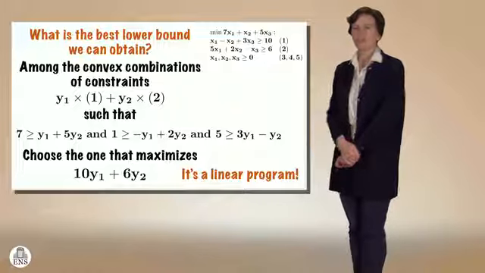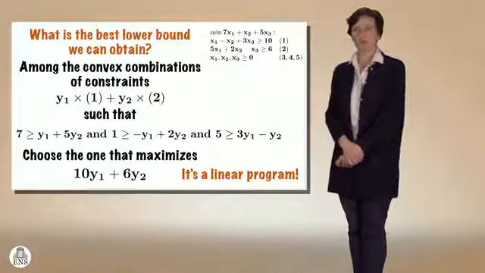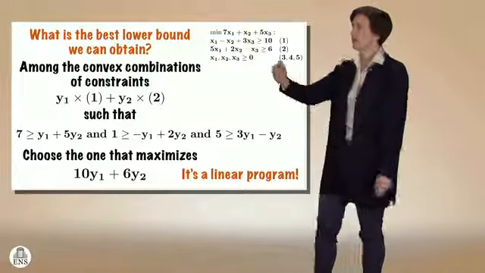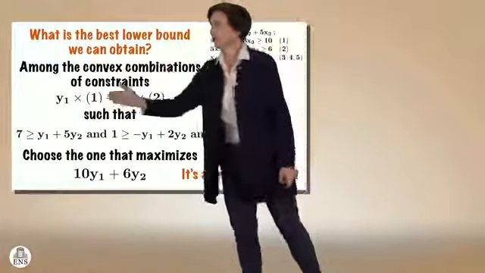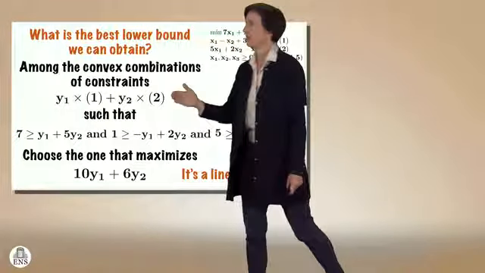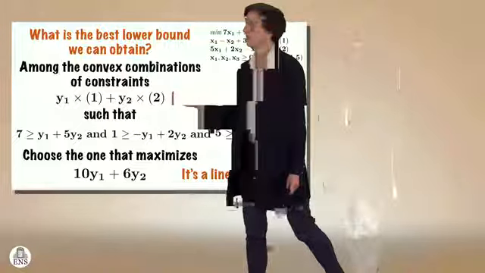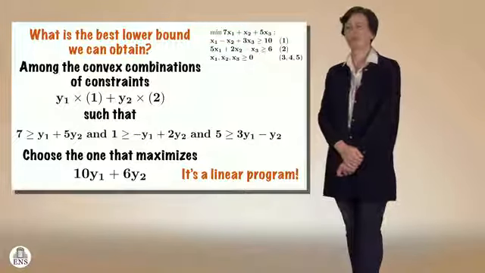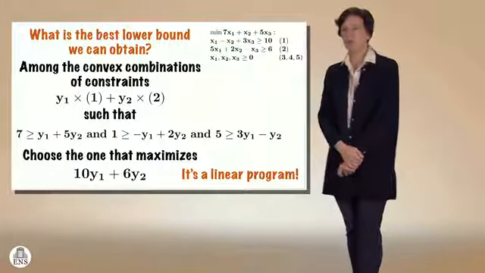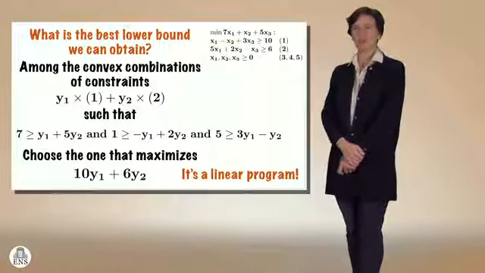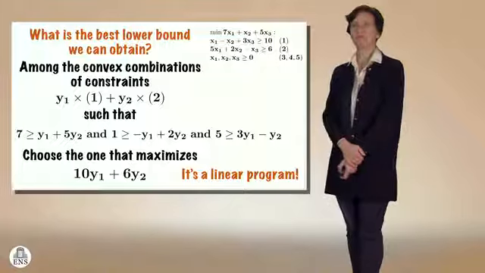We're trying to find y1, y2 that are non-negative, that satisfy these three conditions, and maximizes it. What did we do? We wrote a linear program. This is a linear program. The best lower bound we can obtain can be expressed with a linear program.